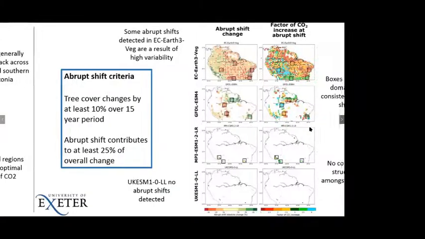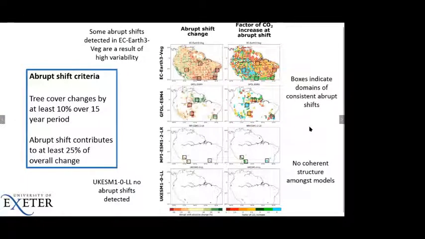So now that we've seen what changes might happen, are any of these due to abrupt shifts? For something to be an abrupt shift, it has to fulfil 2 criteria. The first one we impose is that the tree cover has to change by at least 10% when we fit a linear regression through any 15-year period.